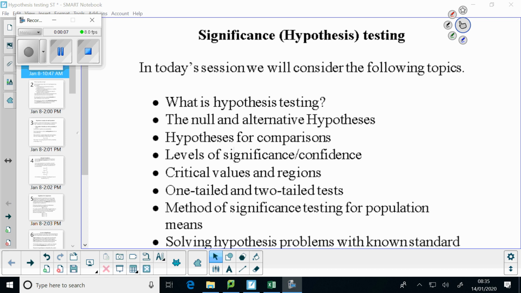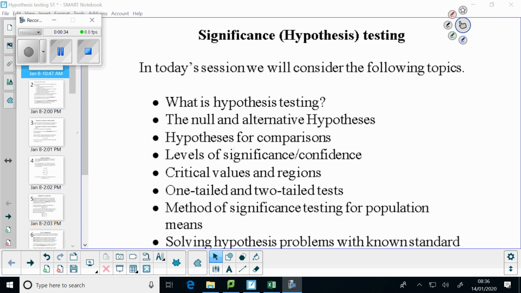So, today's session, what we're going to look at: significance or hypothesis testing. We're going to have a look at what it is, look at the null and alternative hypotheses. We're going to look at hypotheses for comparisons, levels of significance and confidence, critical values and regions, detailed tests.